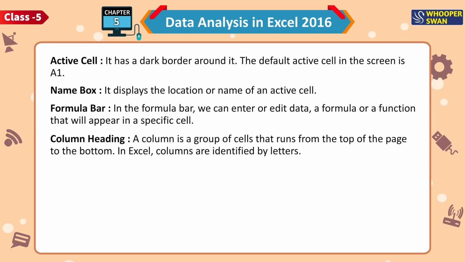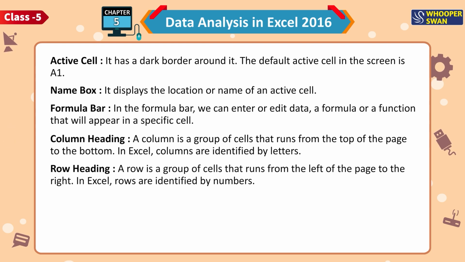Column heading. A column is a group of cells that runs from the top of the page to the bottom. In Excel, columns are identified by letters. Row heading. A row is a group of cells that runs from the left of the page to the right. In Excel, rows are identified by numbers.